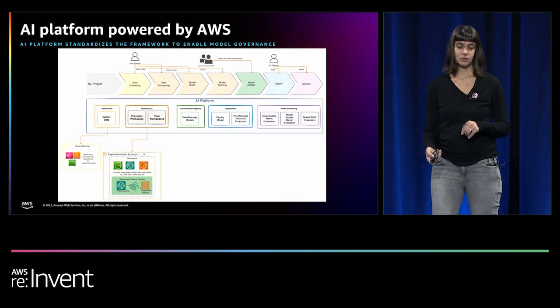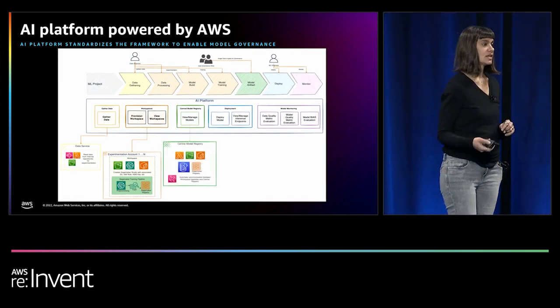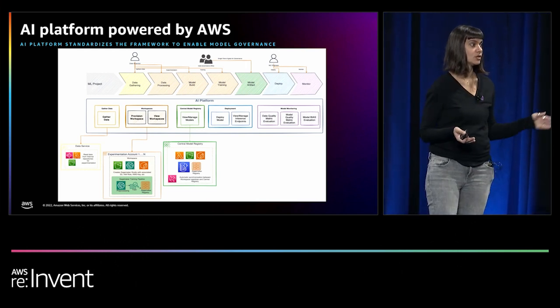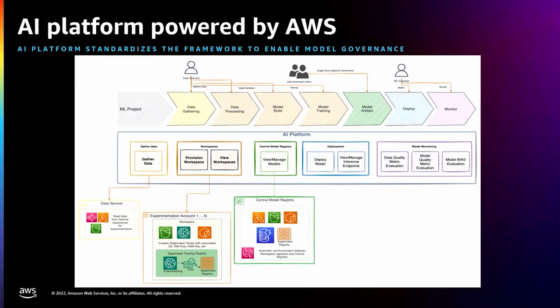Then we wanted to be able to do registration of the models. Clearly, once someone has created the model and they know what they're going to do and move to production, we want our governance team to be able to understand what the model is about, what it is going to do, is it going to be fit for purpose, have they considered monitoring, have they considered bias, have they considered explainability.